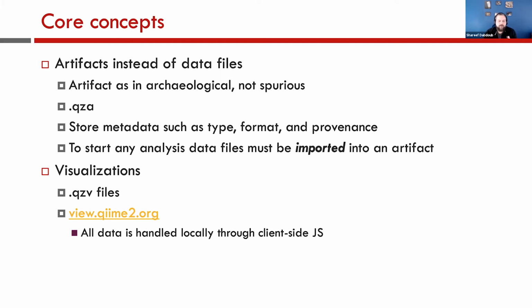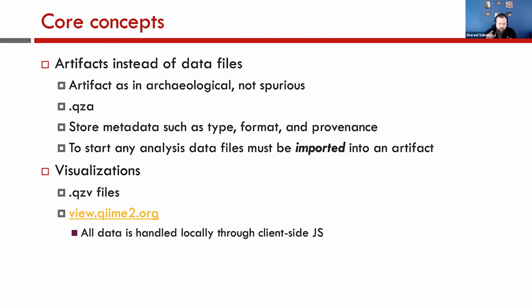The zip part is important because the QZA files and the QZV files that we'll see in a second are literally just zip files. So you can rename any of the QZA or QZV files to .zip and use a standard unzipping tool to open it, and there's a folder inside that has a whole bunch of stuff. And we'll see that in a little bit.